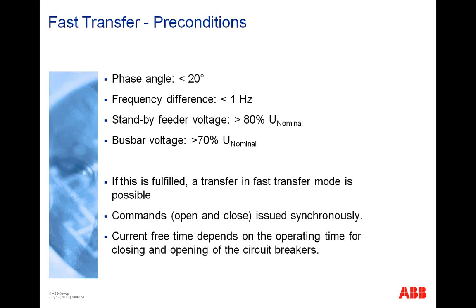We need a standby feeder voltage of a minimum of 80% of nominal voltage. For sure, it makes no sense to change over to a standby feeder which is not available, because it is influenced by the failure of the main feeder. So normally you need 80%, and also a busbar voltage of more than 70% of nominal voltage.